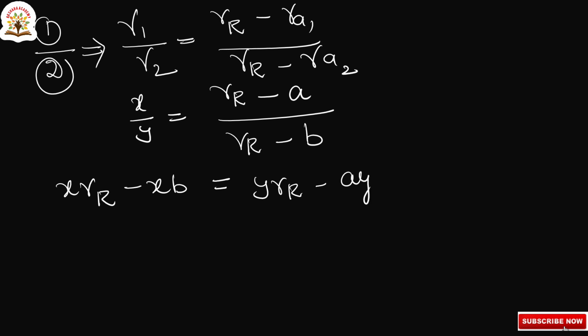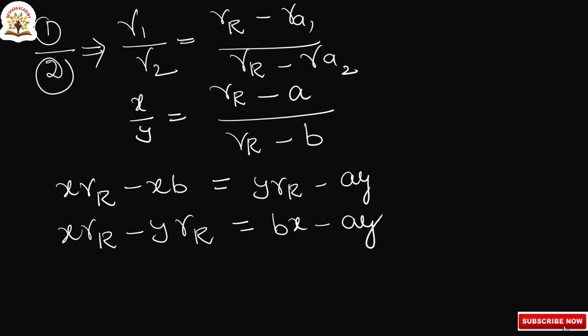So that is equals to, here x gamma r minus y gamma r, that is equals to minus bx becomes plus bx, bx minus a y.